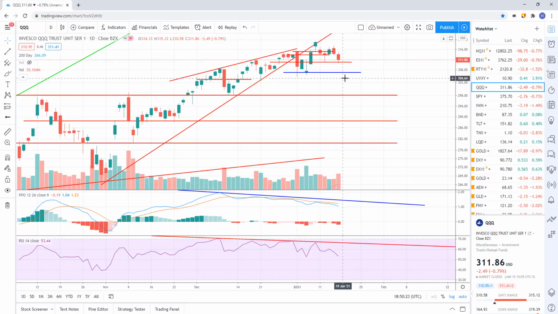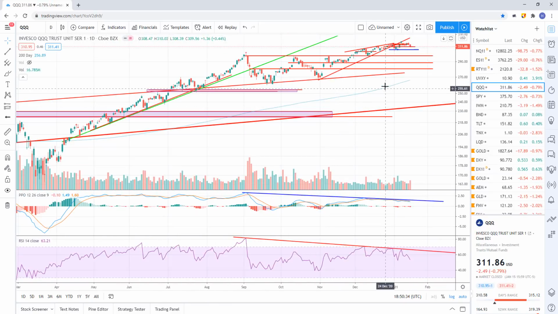A daily close below that, I think, is going to set the trend and set us up for possibly a good swing trend sell off. So we'll be watching for that.